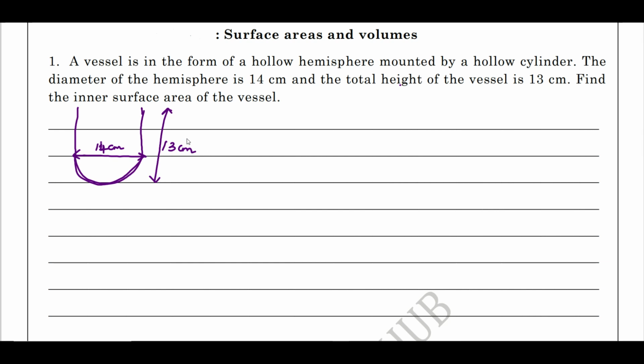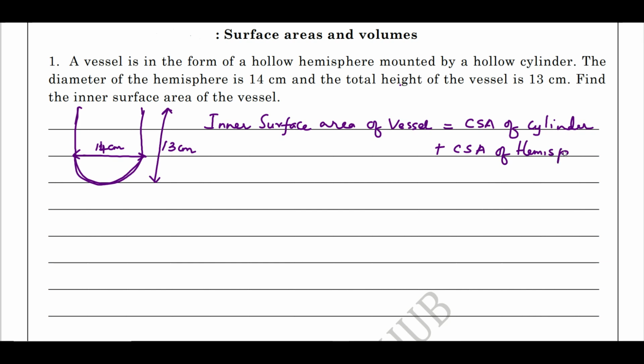So you just need to find the inner surface area of the figure. The inner surface area of the vessel is equal to the CSA of the cylinder and also the CSA of the hemisphere.